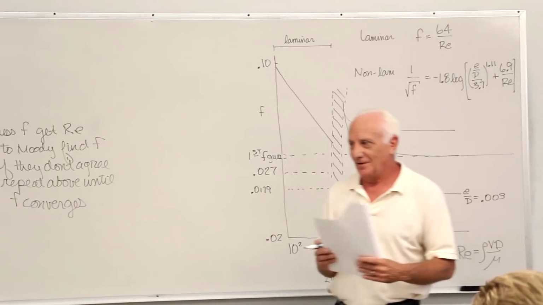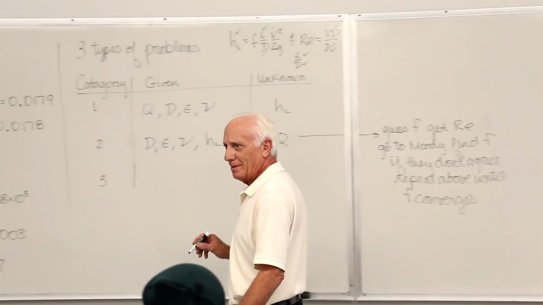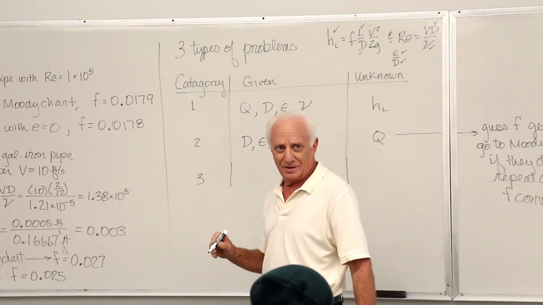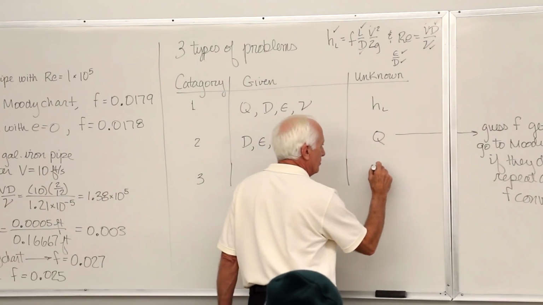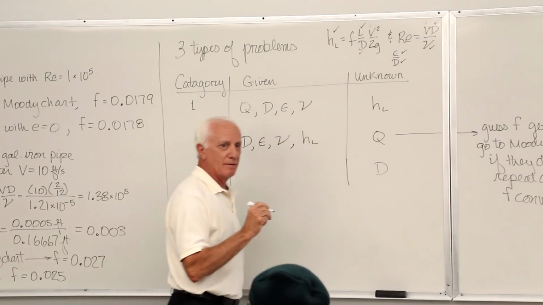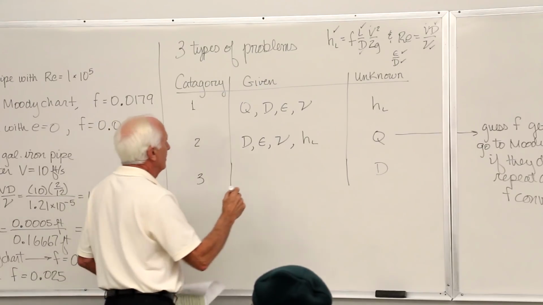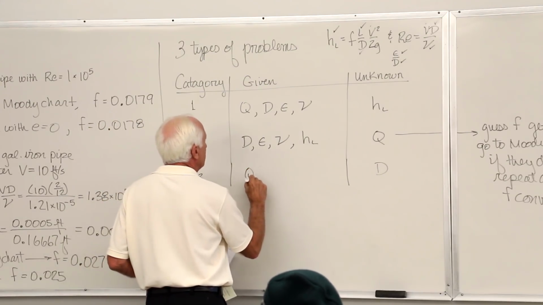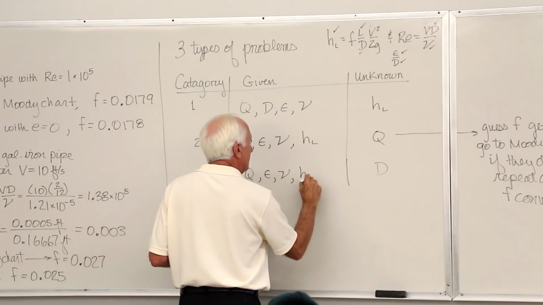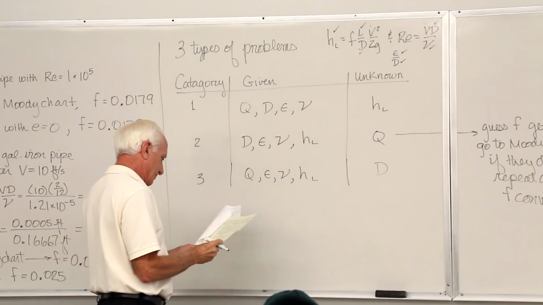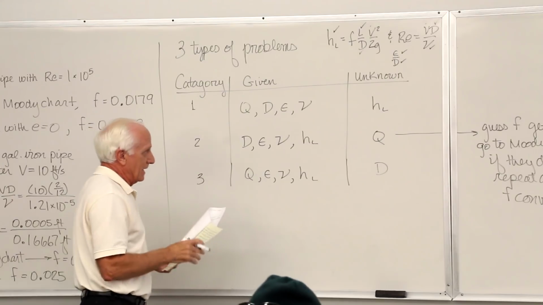The last one, somebody says, how big should the pipe be to carry this oil with a pressure drop of 1,000 pascals per meter? So you don't know how big the pipe diameter is. So what do you know? You know Q, E, nu, H, L, that's it. I don't know the diameter.